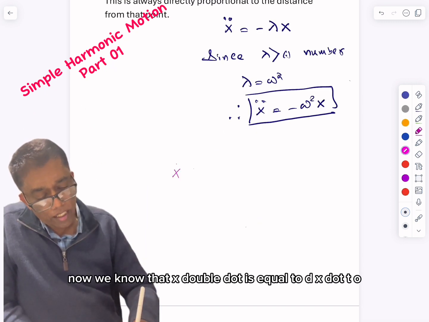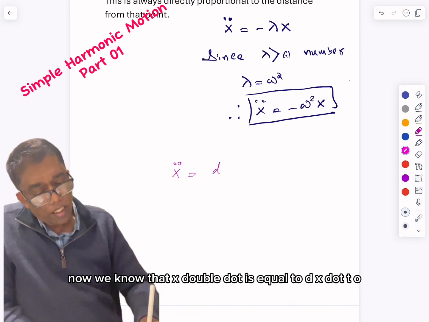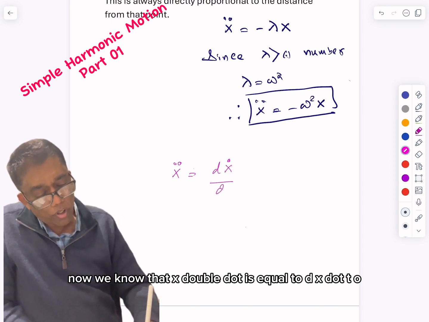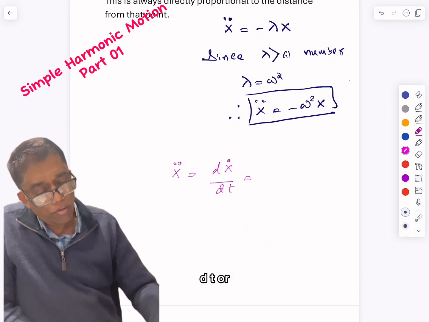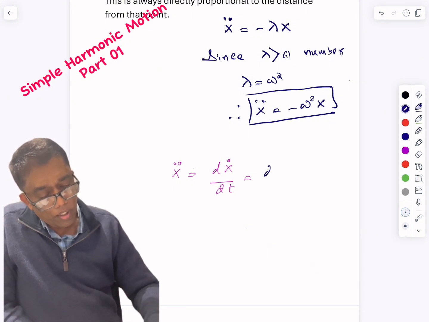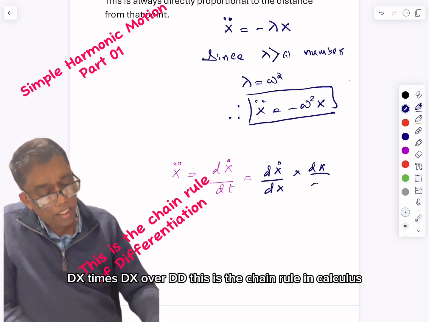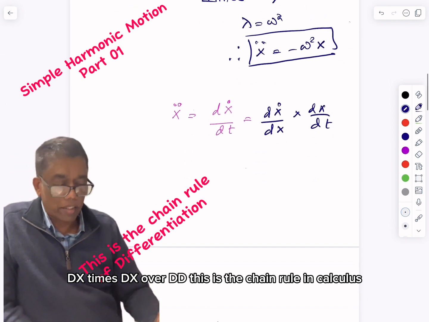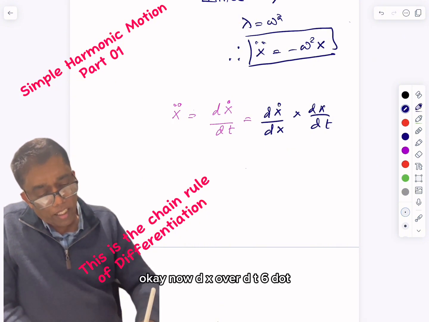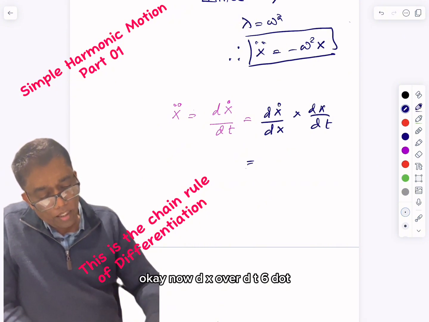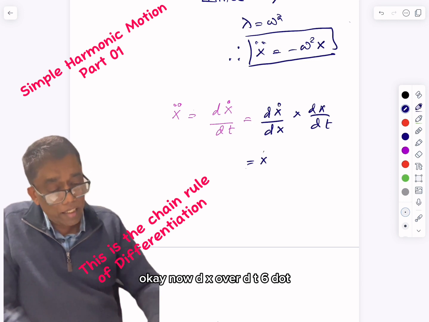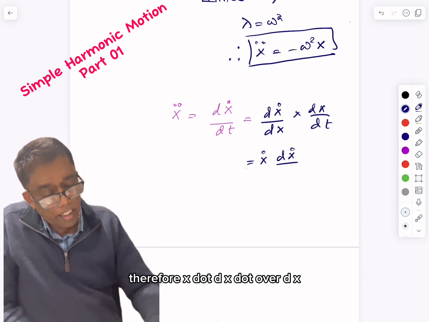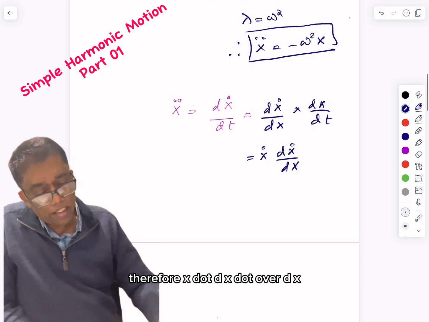Now we know that x double dot is equal to dx dot over dt, or dx dot over dx times dx over dt. This is the chain rule in calculus. Now, dx over dt is x dot, therefore x double dot is x dot times dx dot over dx.